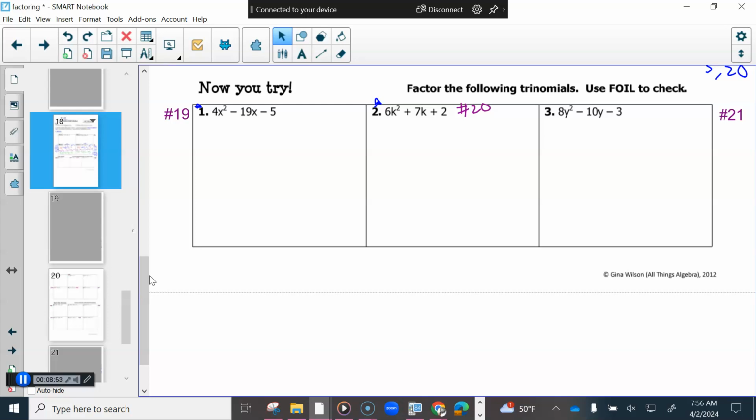So this would be 4x squared minus 20x plus x minus 5. And then from this, I could factor out 4x, leaving x minus 5. And then on this side, I could factor out just 1, leaving x minus 5, which would give you your two factors.